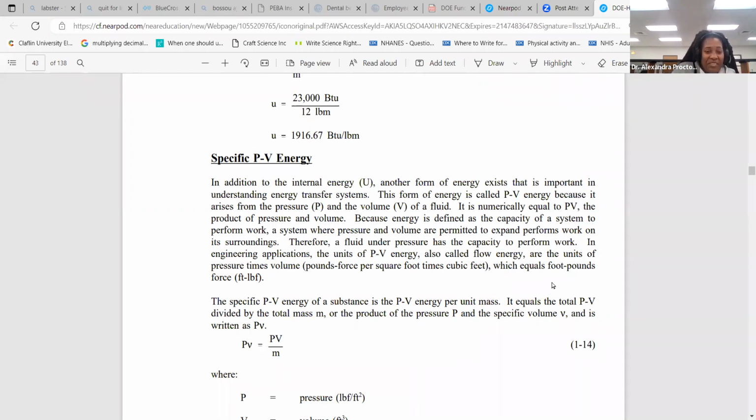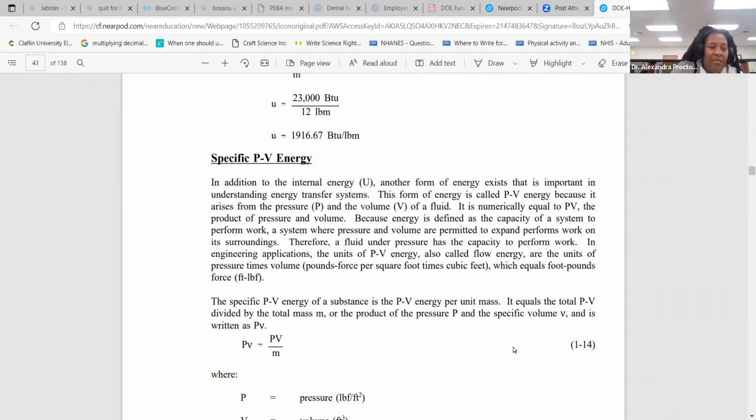Specific energy of the substance is the PV energy per unit mass. This is equal to the total PV divided by the total mass, or the product of pressure and specific volume. In order to understand how all of this is derived, they put it in a paragraph, how they arrived at that.